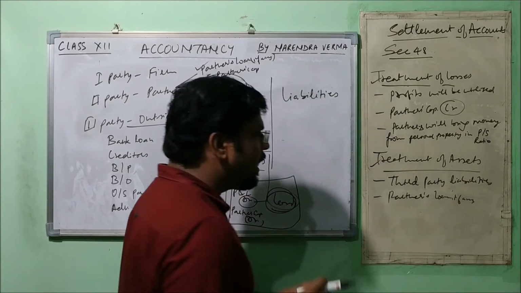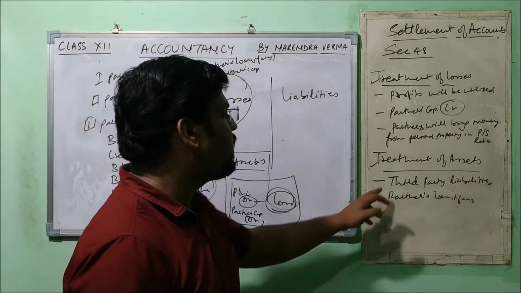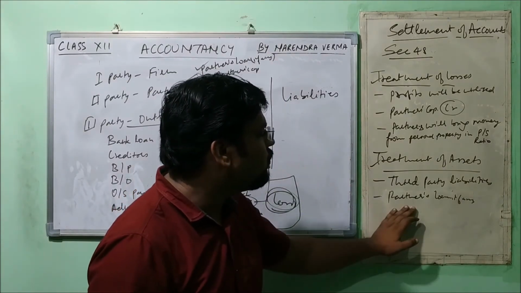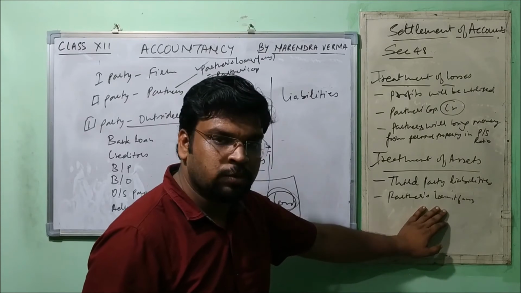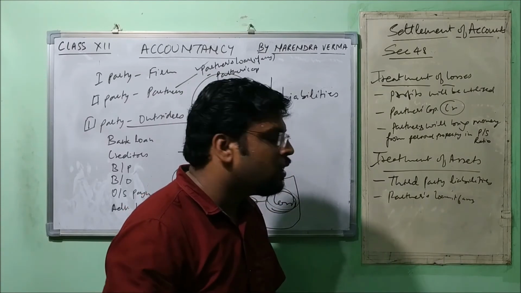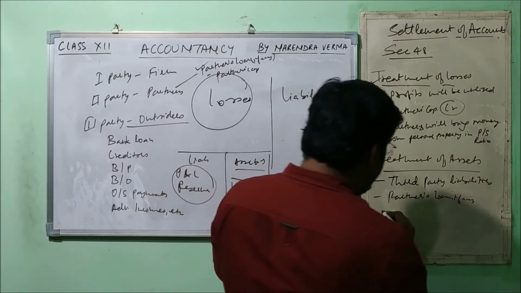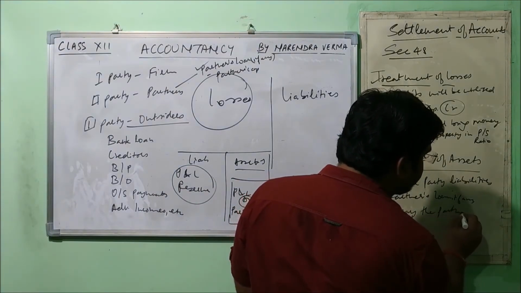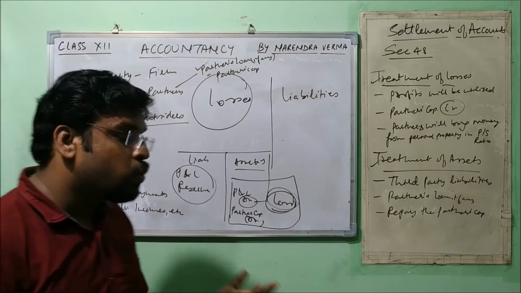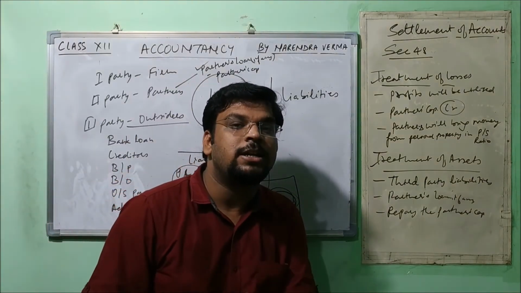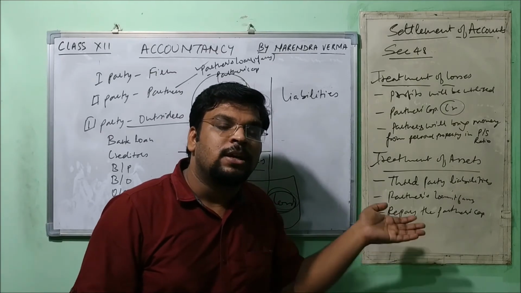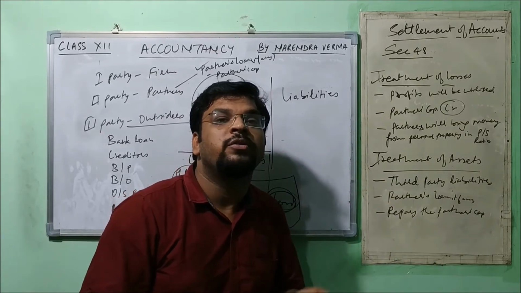So we sold the asset. Very first we made the payment to third party liabilities. After that, if any amount is left, we make payments to partner's loan. After that also, if any amount is left, we repay the partner's capital, because you know very well that the business entity concept works here. The partner's capital is also a liability on the firm.